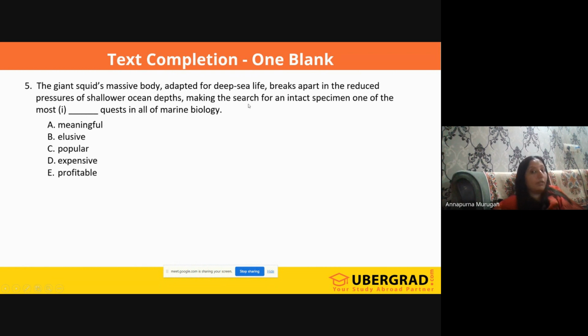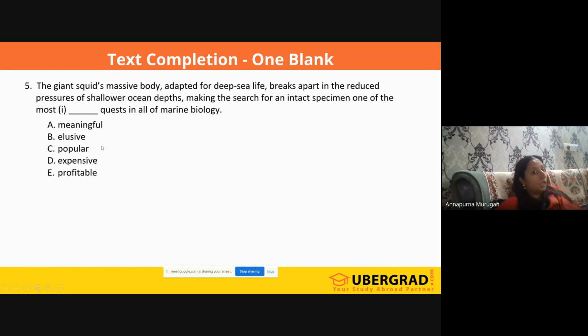Here, it breaks apart. That means there is a complexity here. Because of this complexity, our search for the specimen will become difficult. It will become a difficult quest in all of marine biology. What is the nearest word to difficult? Meaningful?